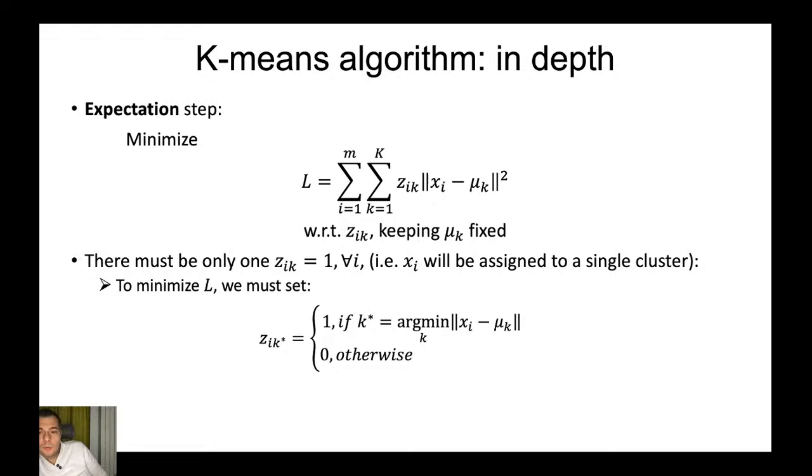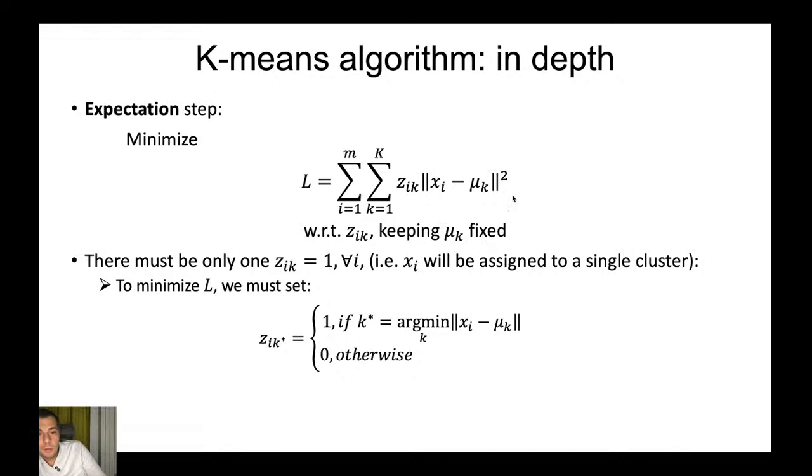In order to minimize our objective, we have to set z of i and k star equal to 1 only if k star is the minimum distance between xi and mu k. So this ensures that we are optimizing the objective.